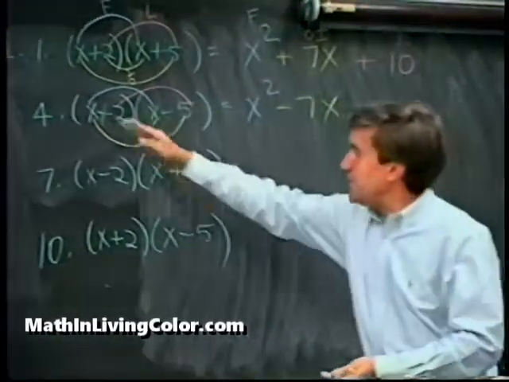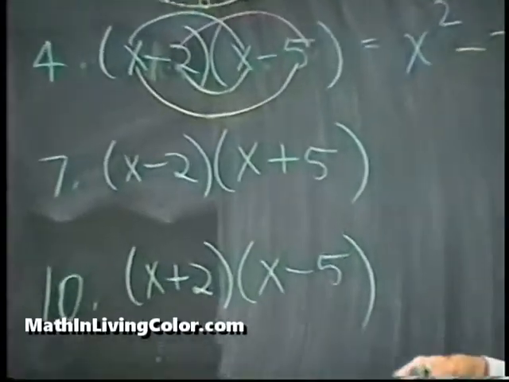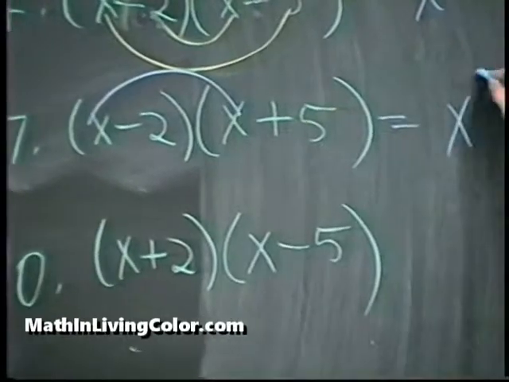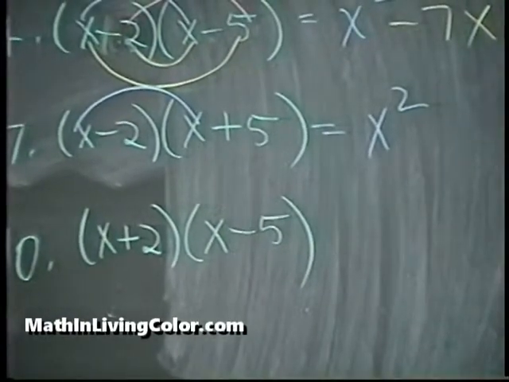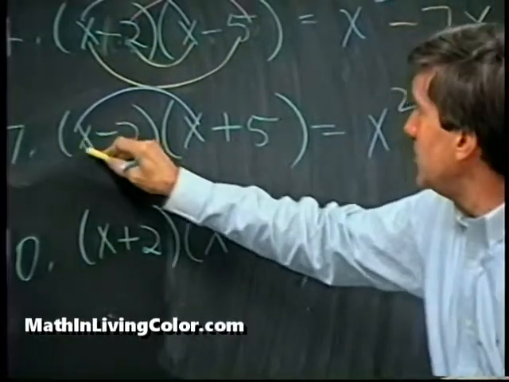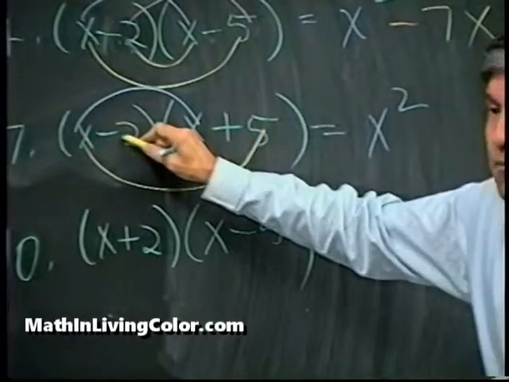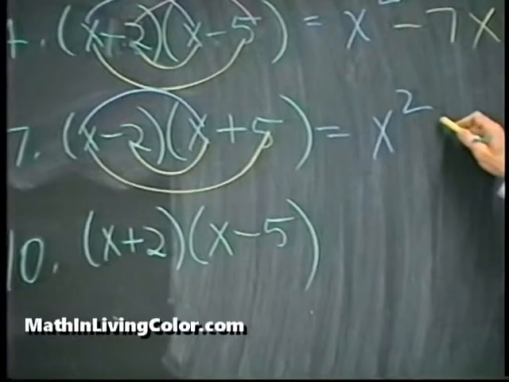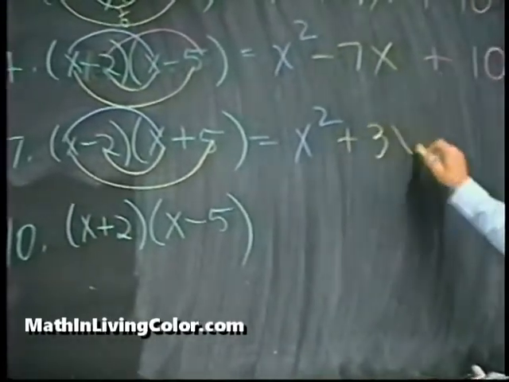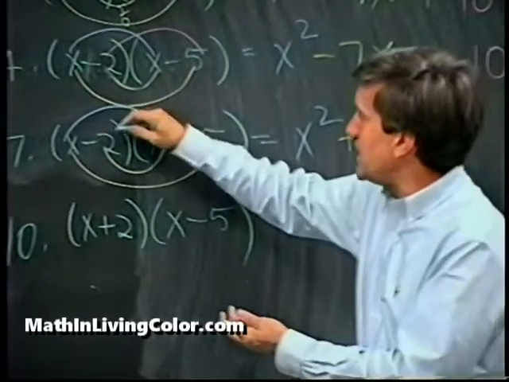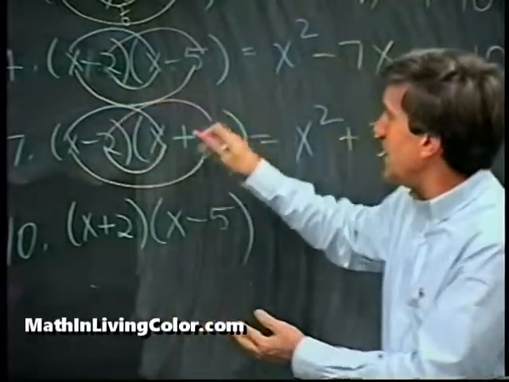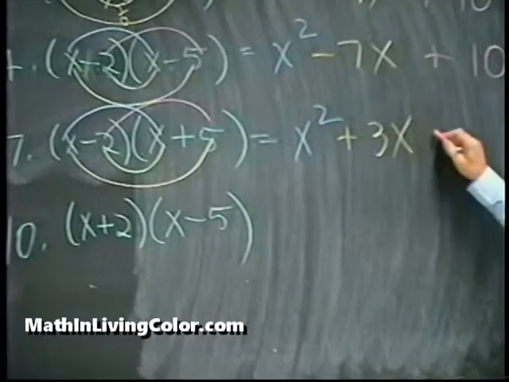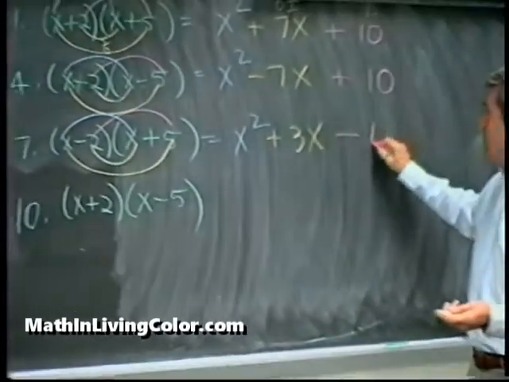The third problem down, number 7 in the handout, is the first times first would be x squared. And then what? Outer times outer, 5x minus 2x. 5x minus 2x would be what? Plus 3x. And then the last times last would be a negative times a positive, which is a negative 10.